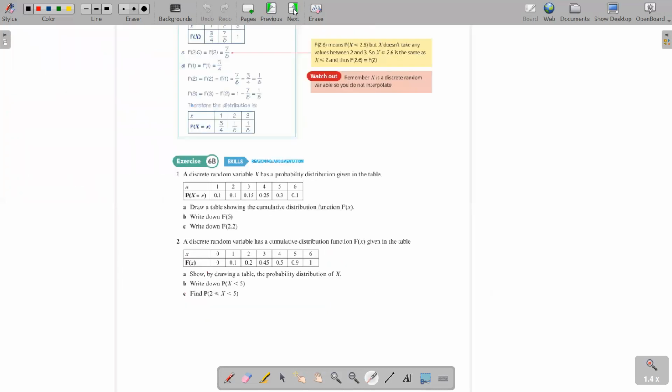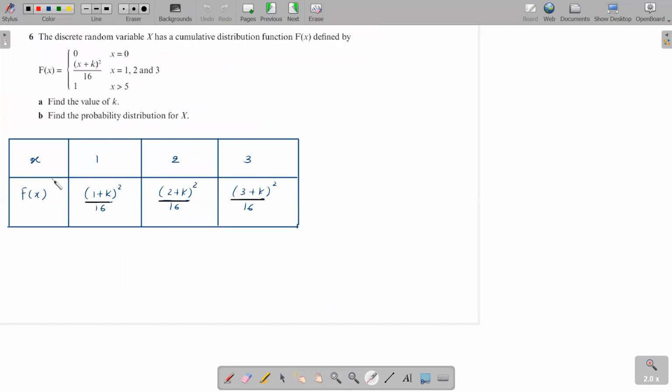So same story here. Here, 3 is the last x value we have, right? Which means at 3, we must reach the total probability 1, because you're adding all the probabilities behind 3. Can you understand? You will not add all the individual values and make it equal to 1.